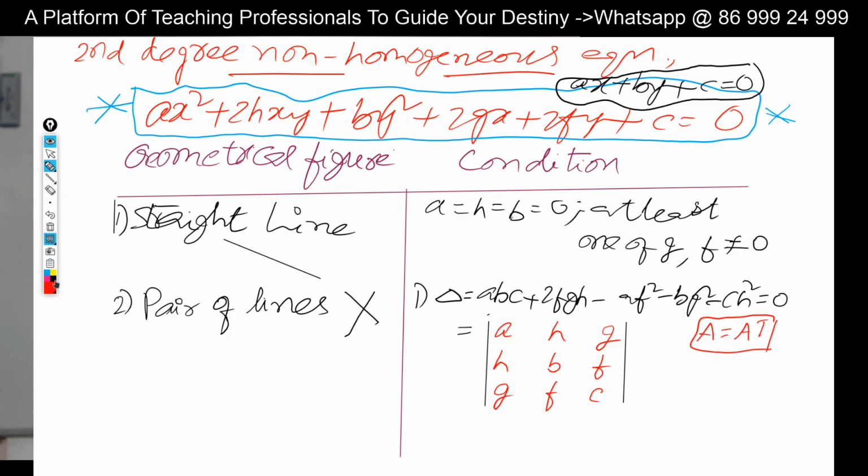Number two, your h square must be greater than or equal to AB. Number three, your f square must be greater than or equal to BC. Number four, g square is greater than or equal to AC.